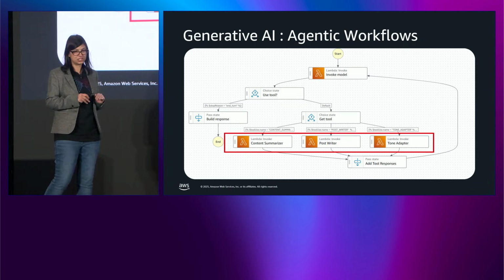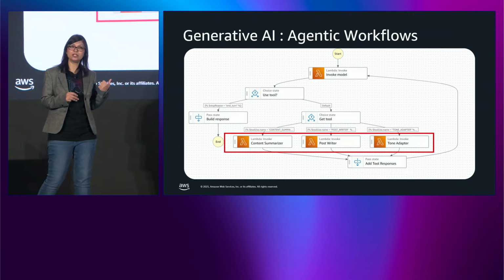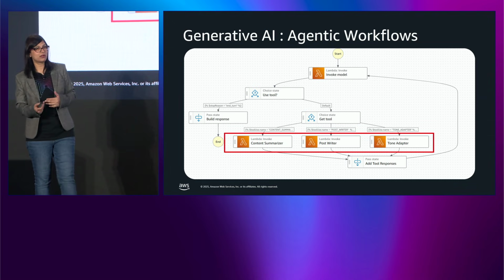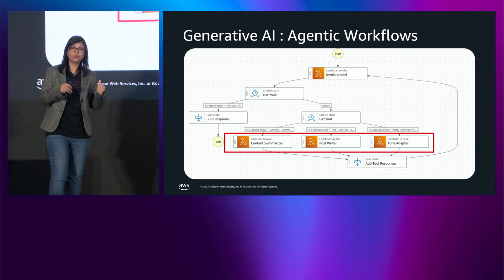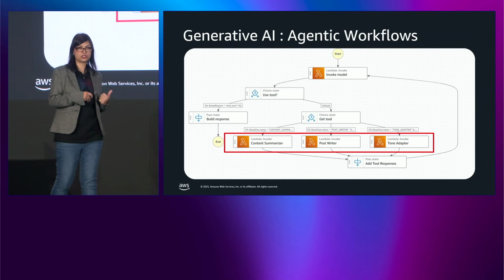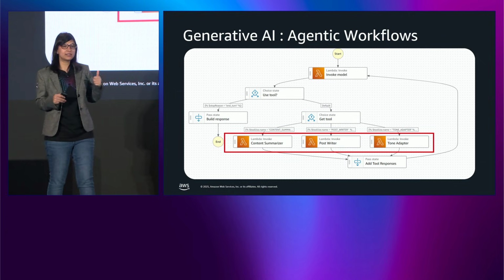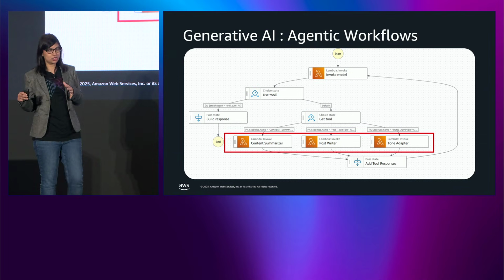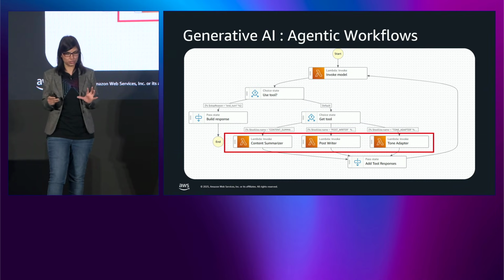We'll not go into too much detail, but this is a generative AI agentic workflow that we are building using Step Functions. A couple of things that I want you to gather from it: firstly, this is definitely possible. You can build these autonomous workflows using Step Functions. This example is a tool use architecture where we are using multiple tools, and the LLM makes decisions associated with what it needs to do.